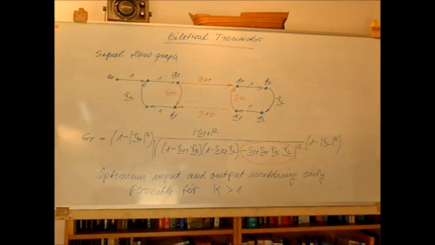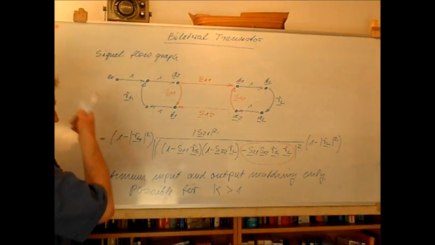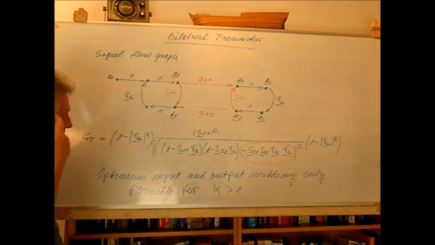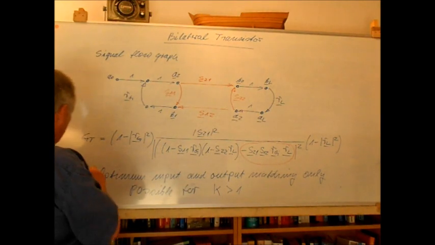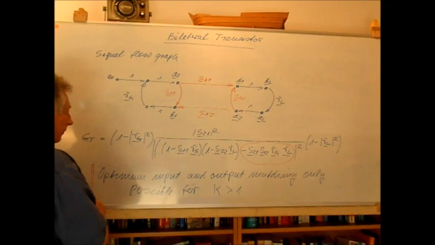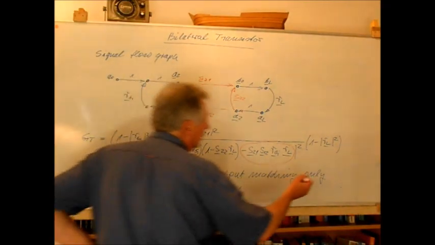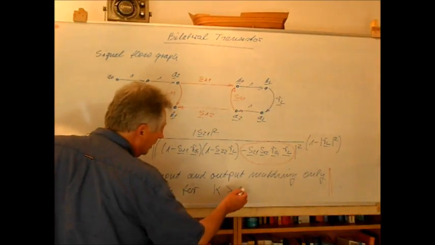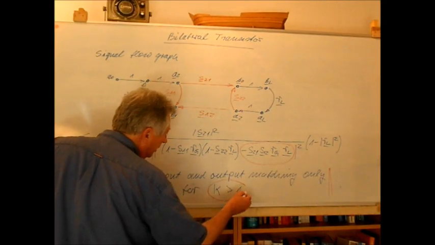And if you go through all this theory, then you can now also try to find the matching point. This means you want to do an optimum input and output matching at the same time, and you will see that this input and output matching is only possible if the transistor itself is stable.